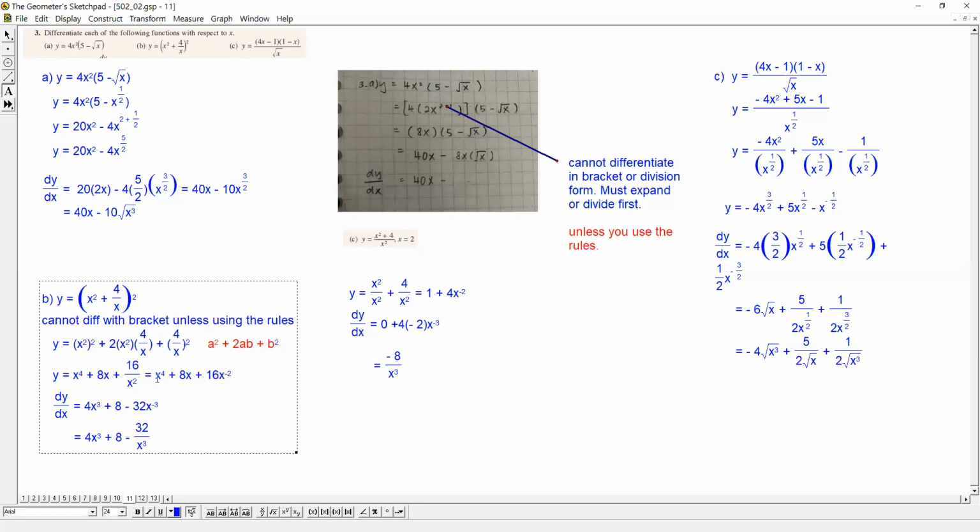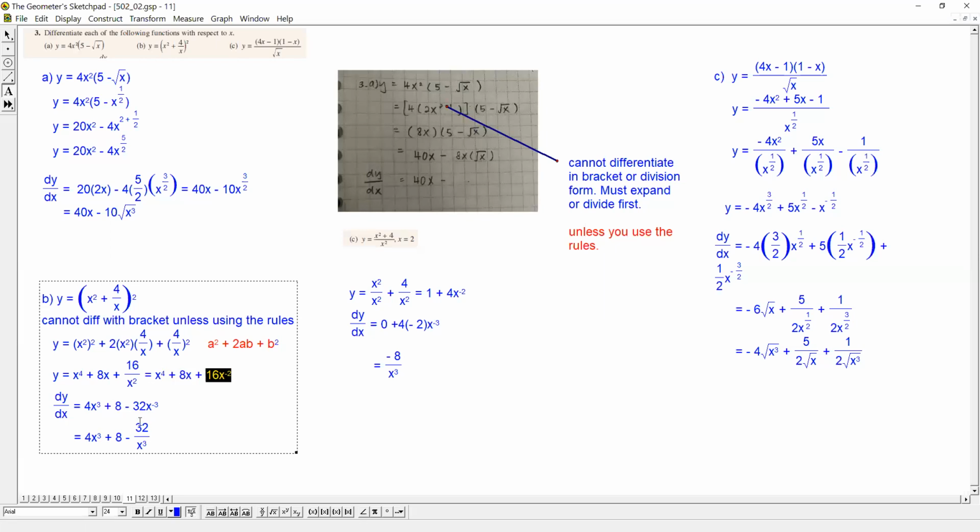Now you can differentiate. This x to the power 4, bring down the 4, becomes 4. The index less by 1 becomes 3, so 4x to the power 3. Differentiate 8x, becomes 8. Now this one you have to multiply with -2, because you bring down the -2. So -2 multiplied with 16 becomes -32.